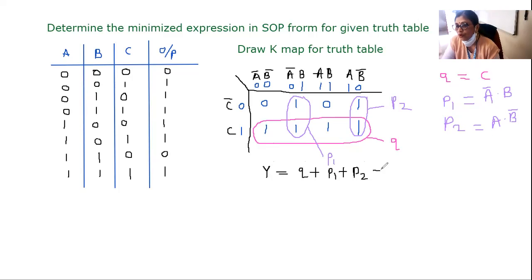Okay. So finally what we are getting is C plus A bar B plus A B bar. So this is our simplified equation. Okay. So this is the required simplified equation. So this is very, very important.